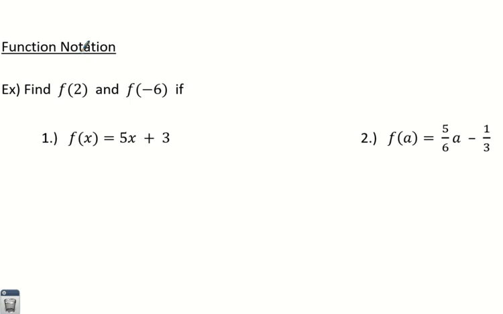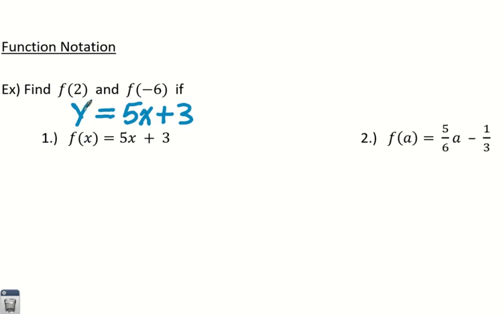When you're talking about an equation representing a function, normally you would see the equation written as y equals 5x plus 3, where it's y equals all of it. But if an equation not only represents a relation, but you can also call it a function, then you'd be able to use function notation.